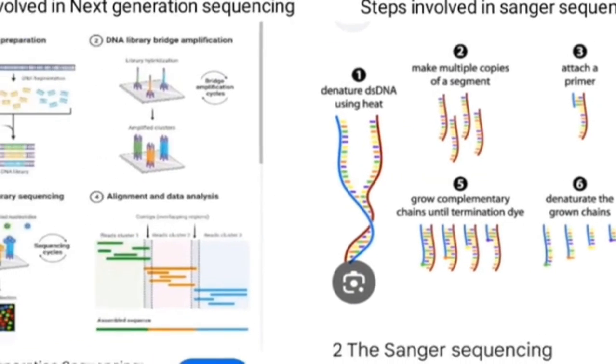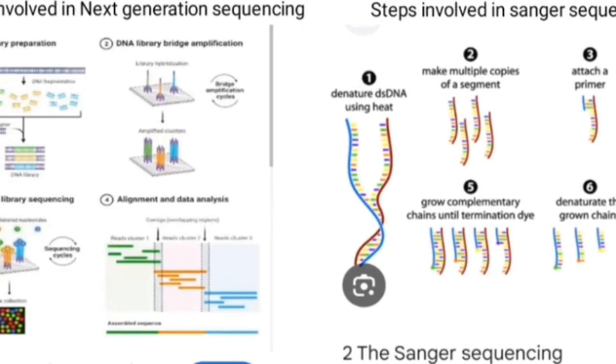So this sequencing cycle is what enables NGS to sequence a large expanse of genes within a short time. You can use this process to sequence the entire genomic makeup of an organism.